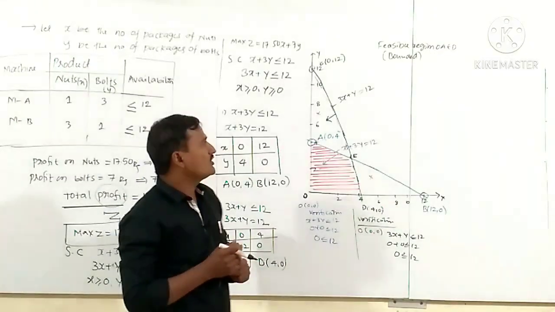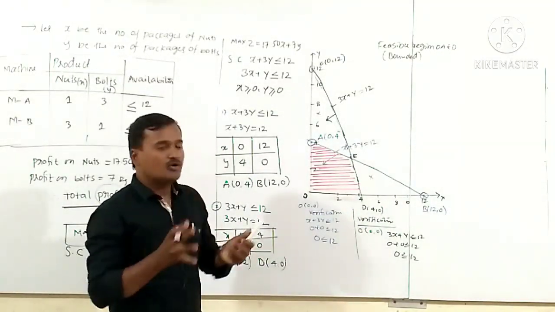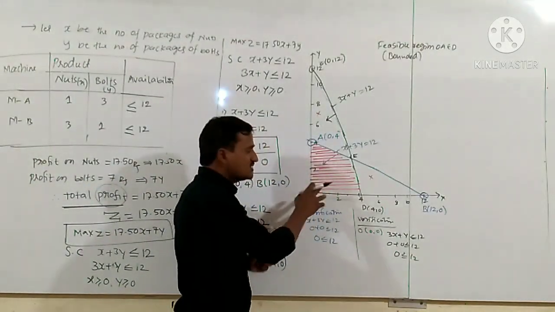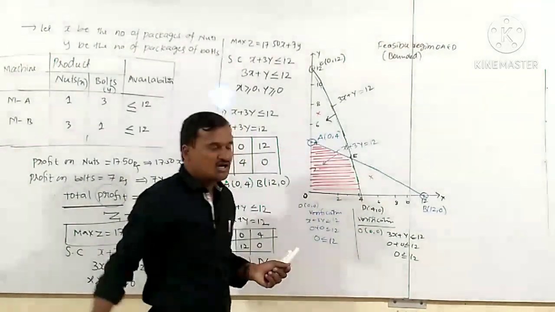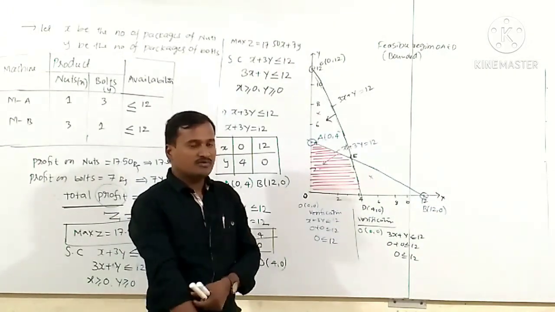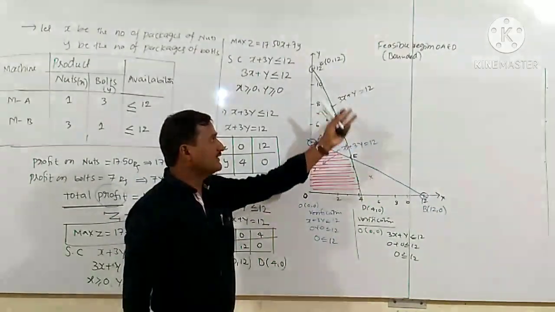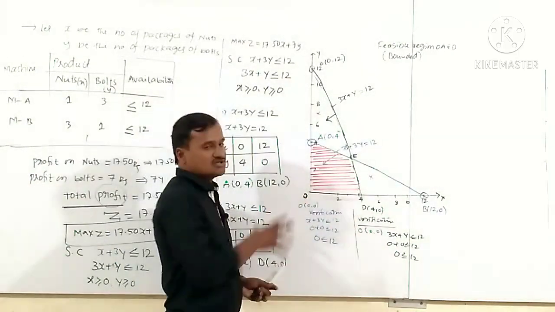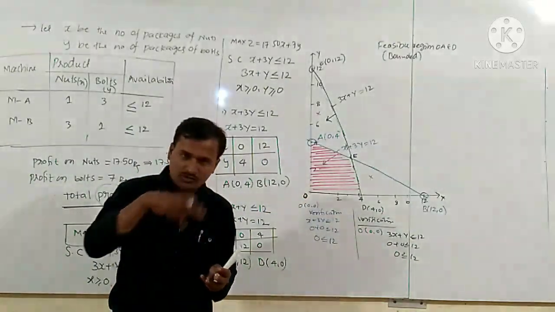This is one more important definition. Bounded means a closed region. I will explain the definitions of bounded and unbounded once again in the next problem. Here just remember that bounded means a closed region.